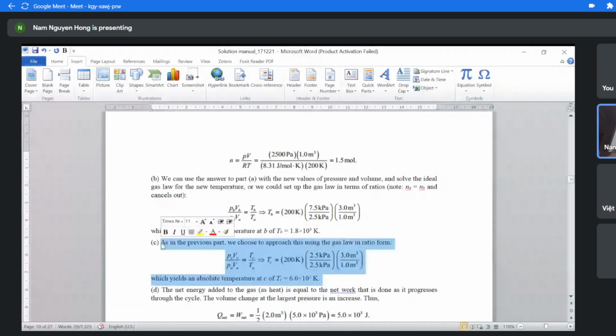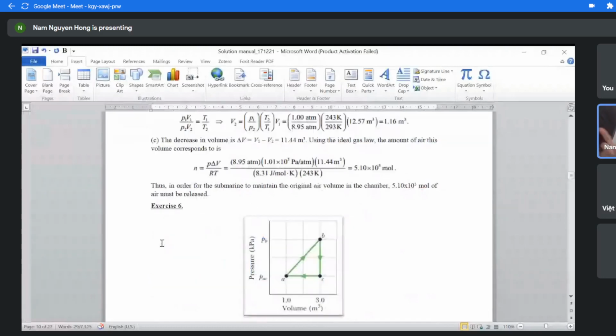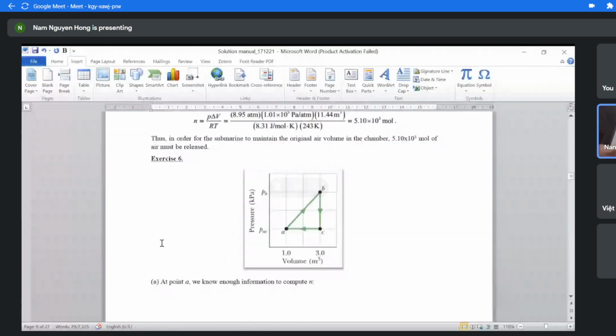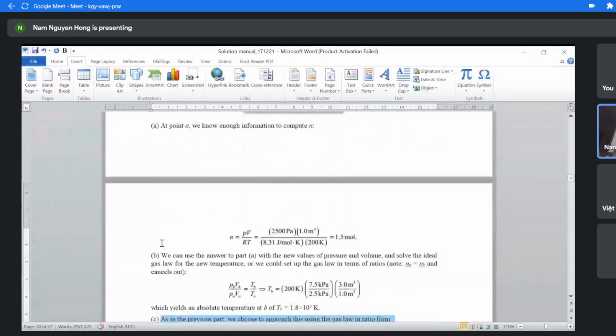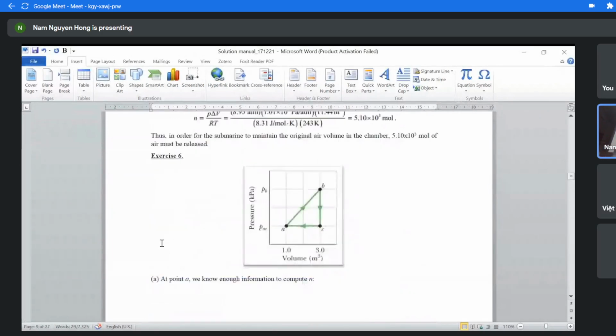Good. Now, for the question D, we need to find the net energy added to the gas as heat. If we still remember for a closed cycle, what do we have? We have a change in internal energy equal 0, right? Change in internal energy equal 0.